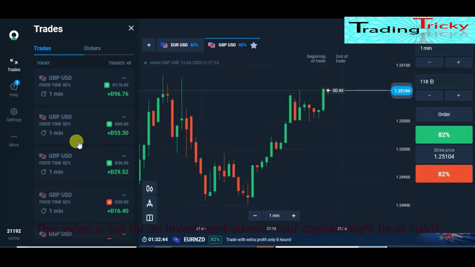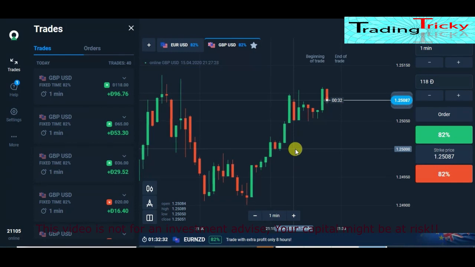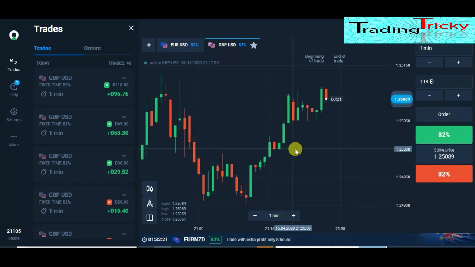Actually my target was 3 trades, and when you try the compound strategy, you don't need to place a lot of trades together because you should limit your trades, otherwise by the end of the day you will lose your money. That's the main thing. So you should always place trades with proper planning.